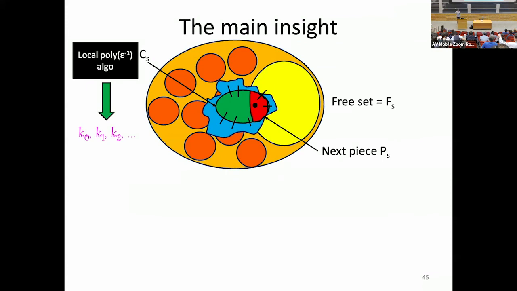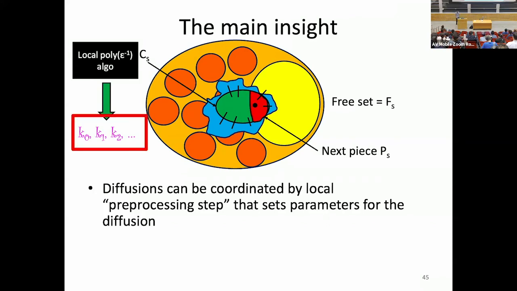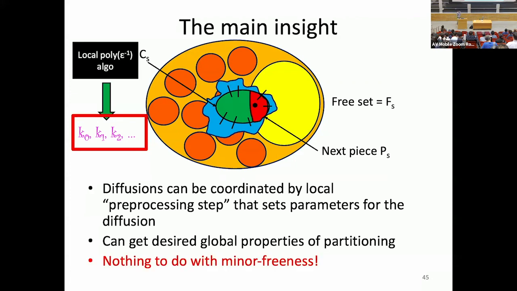Now, just to answer the main question in my title, the coordination is done through choosing these parameters. So the cut bounds which were chosen, that's what's doing the coordination. So think of it as a preprocessing that sets the parameters of the diffusion. And after that, all the diffusions can be coordinated. What is interesting here is that it has nothing to do with minor freeness.